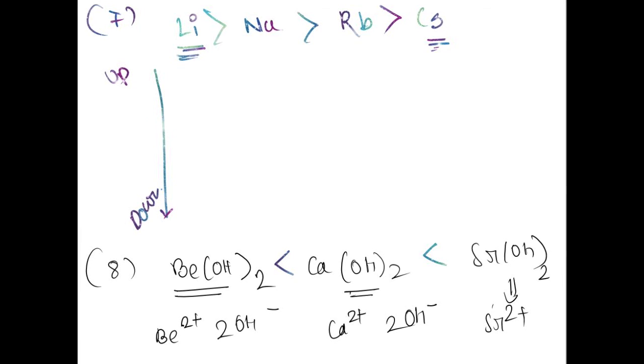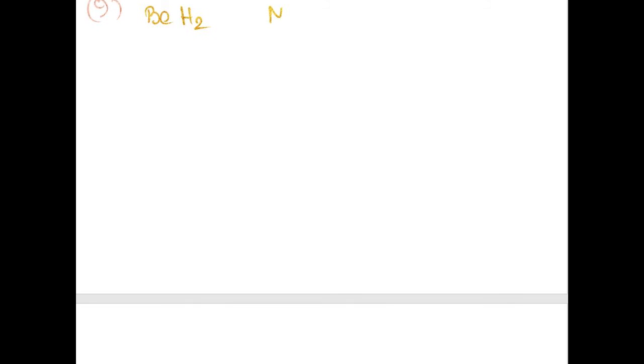Then our ninth question: arrange the following in increasing order of ionic character. We have hydrides of group 2 metals: beryllium hydride, magnesium hydride and calcium hydride. As you can see, hydride is a small anion.